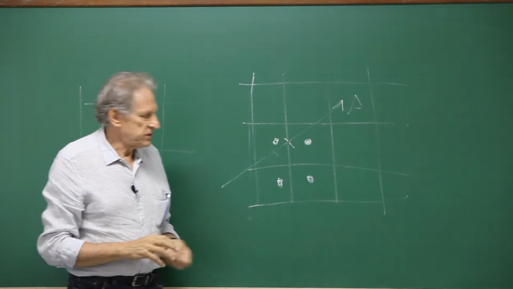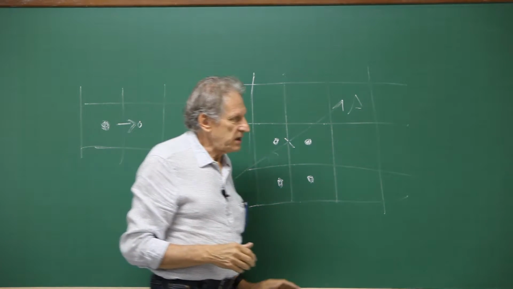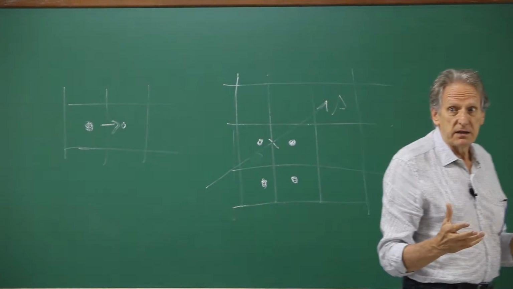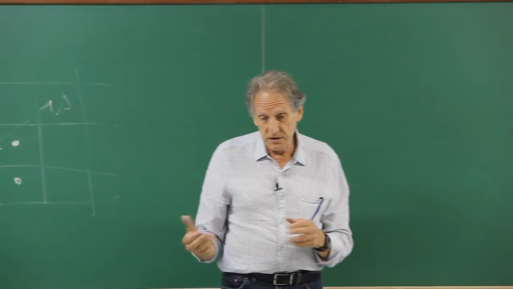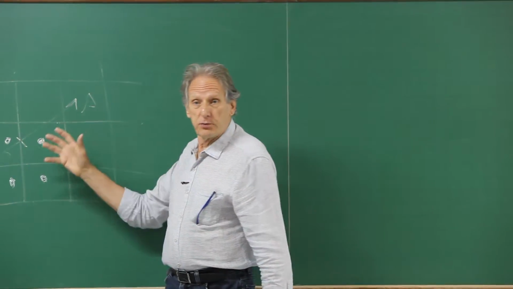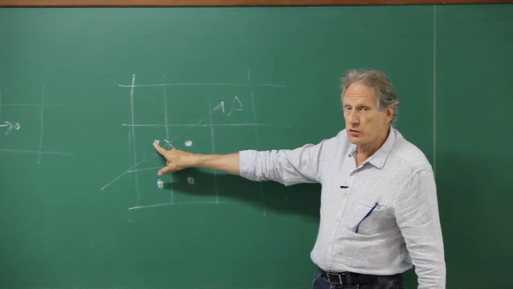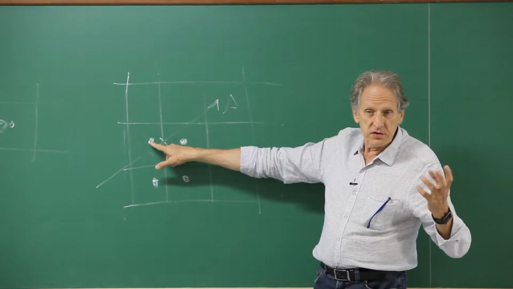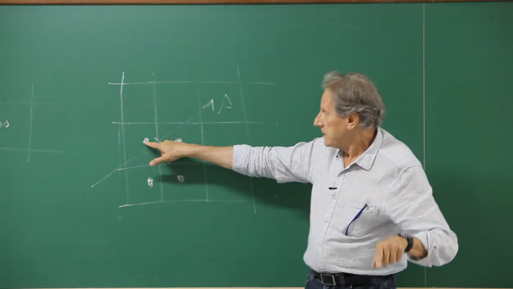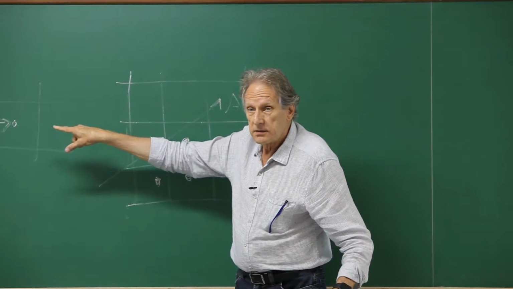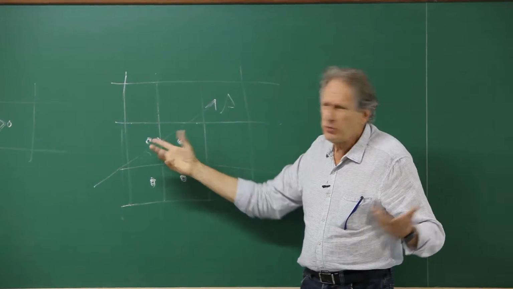So it's just a matter of understanding, and I would like to clarify that, because you may go to some texts and in a 2D problem they say the donor cell is this one. It's not really the donor cell. It is the donor cell in 1D, you know, but here it's the upwind.